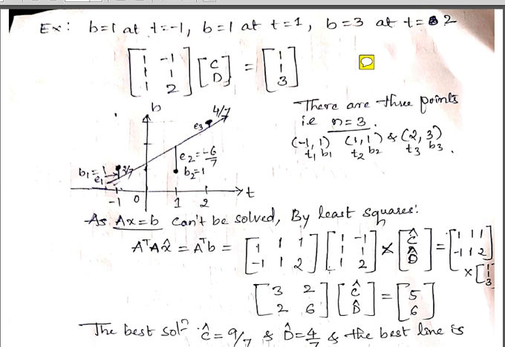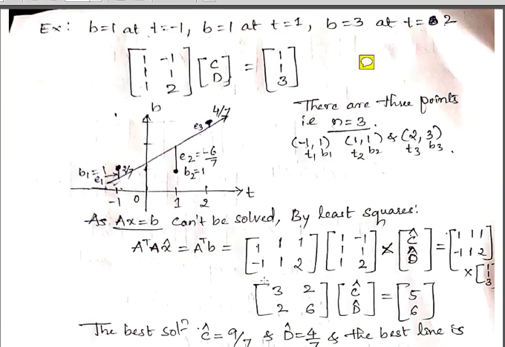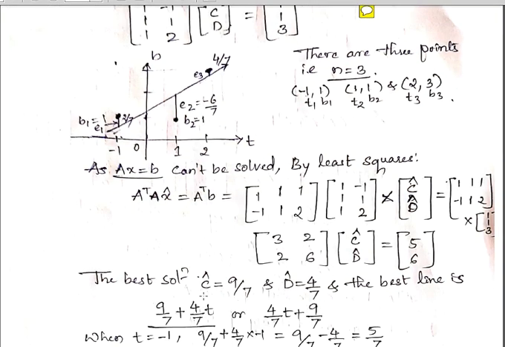So we get the A transpose A multiplication value as this, and x cap is this one, is equal to what we get when we multiply A transpose with B. Now after this, when we solve, we'll get the best solution.